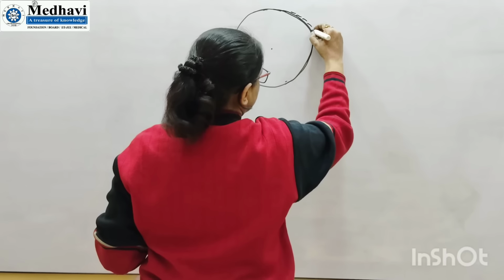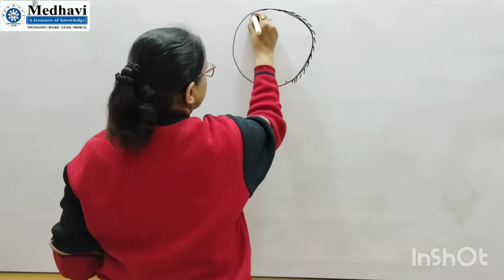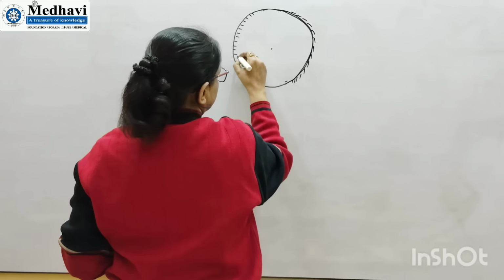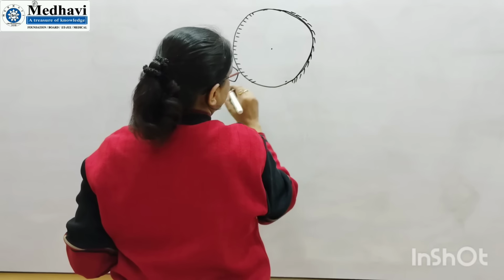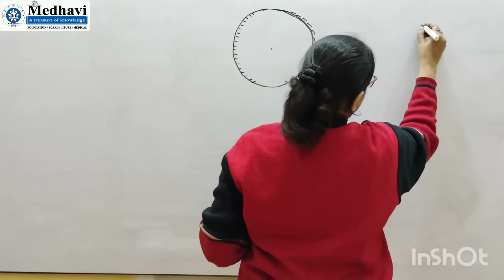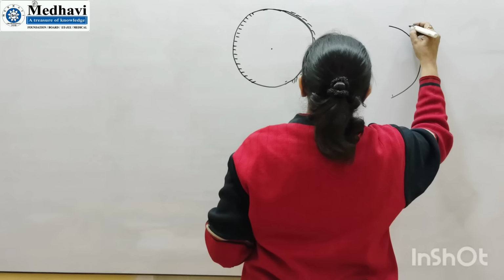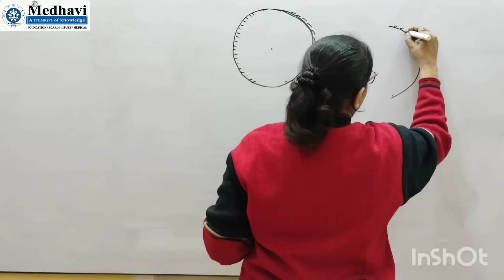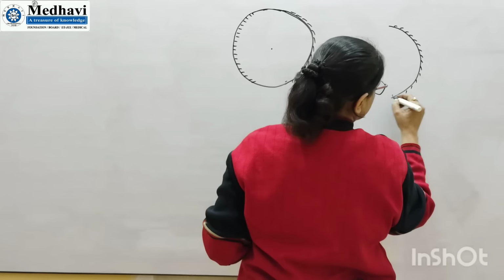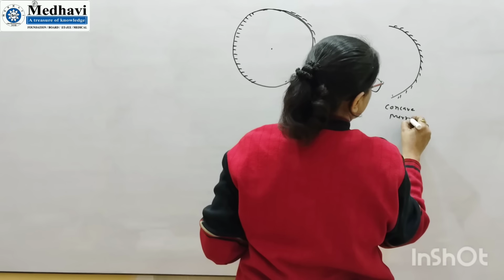Then in the case of a sphere, we do silvering on two different surfaces. The first is silvering on the bulging surface, the outer surface. This is called a concave mirror.